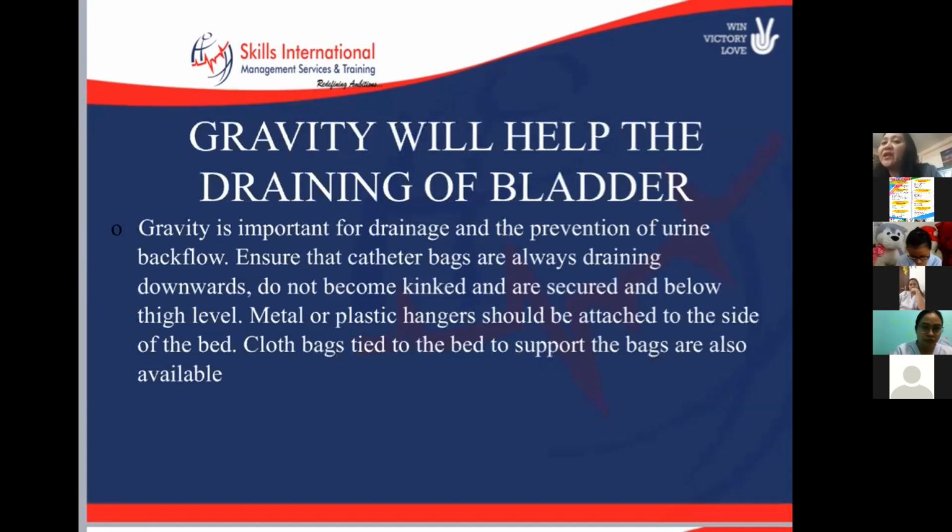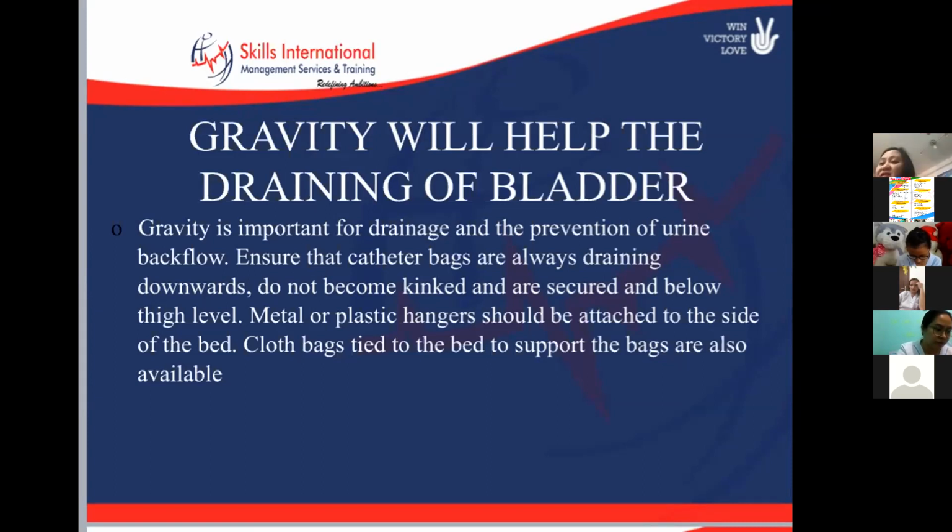Now gravity will help the drainage of the bladder. Gravity is important for drainage and for the prevention of urine backflow. To ensure the catheter bag is always draining downwards, do not let it become kinked or hang below the thigh level.